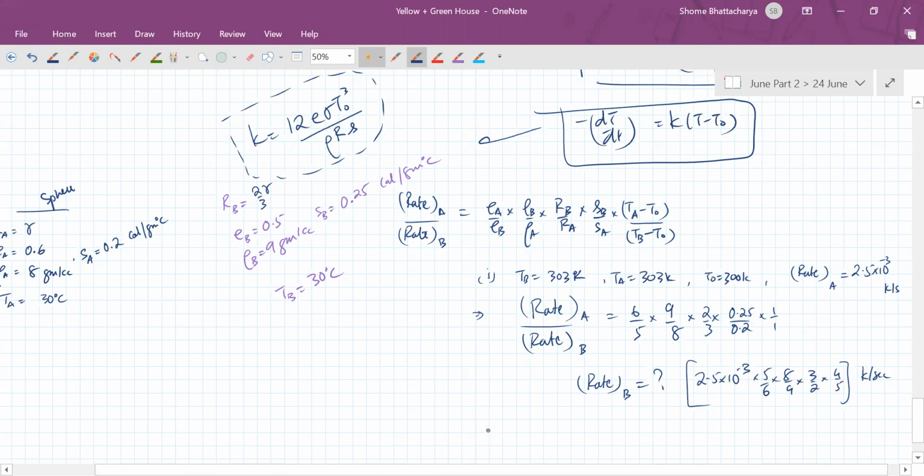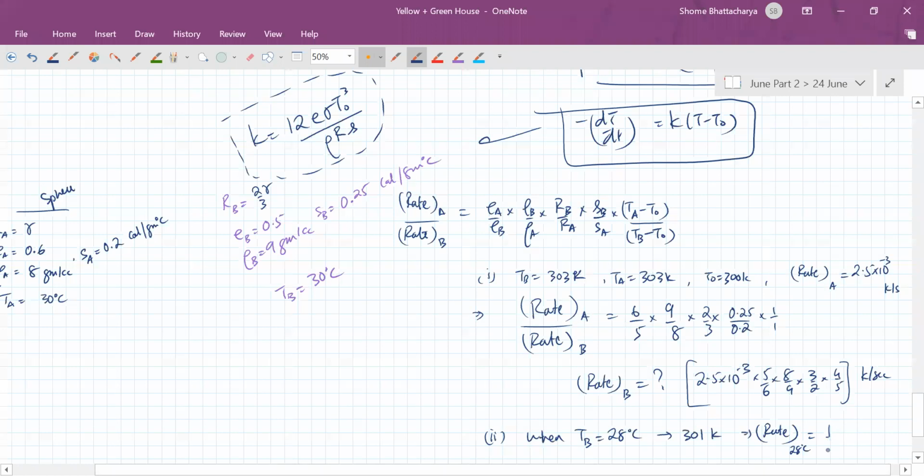And for the second part, when the temperature of B becomes 28 degrees C or 301 Kelvin, the temperature difference has changed from 3 Kelvin to 1 Kelvin.